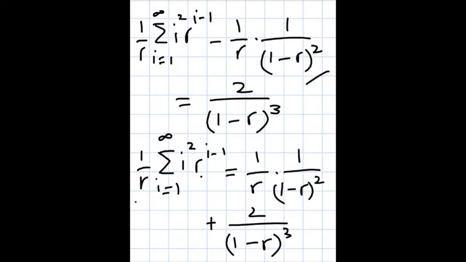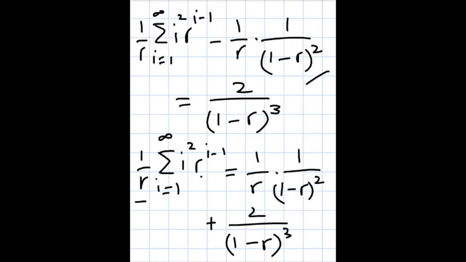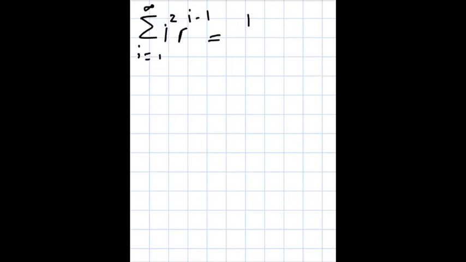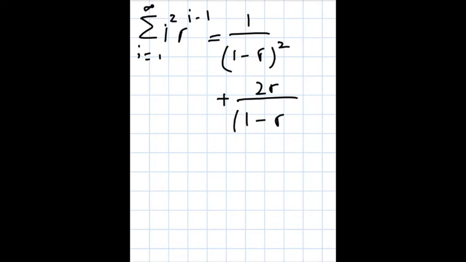So I can bring this r on that side, and I will get the sum from i equals 1 to infinity of i squared r to the i minus 1 equal to 1 over (1 minus r) squared plus 2r over (1 minus r) cubed.